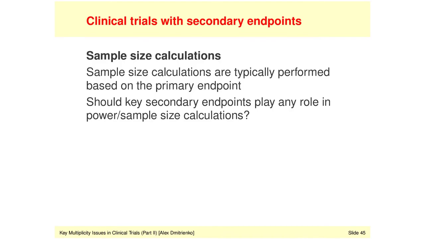Sample size calculations. In most clinical trials, the sample size is based on achieving adequate power for the primary endpoint. However, it is not always the case, and in this section we will explore the following question. Should key secondary endpoints play any role in power or sample size calculations?